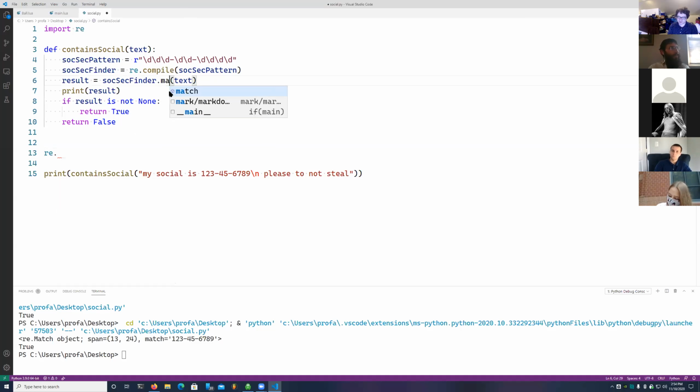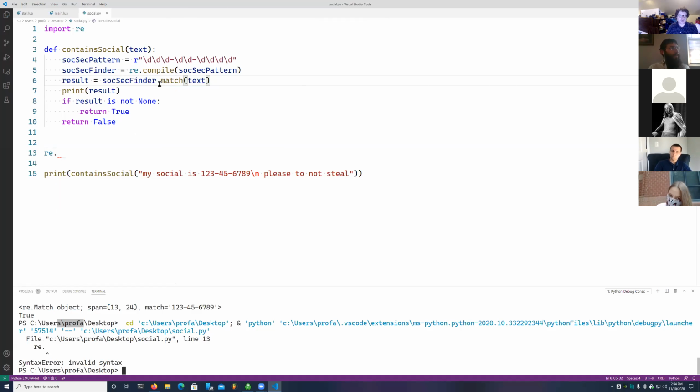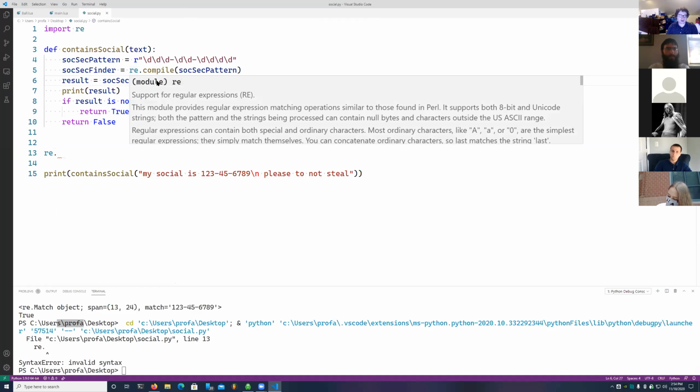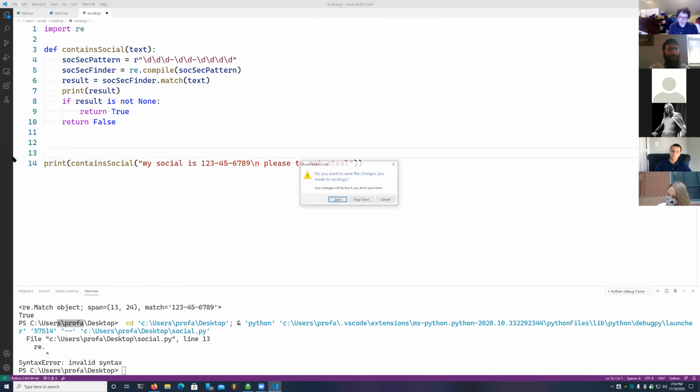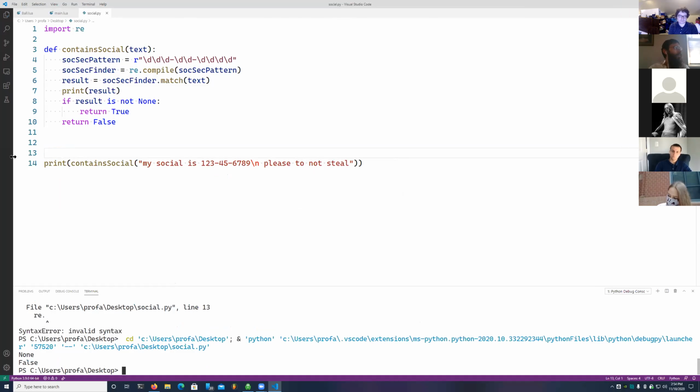So if I did match over here, you'll notice it says false. It does not contain it. Match says, hey, does the string start with this pattern? Rather than looking throughout the entire string, it just asks whether the string has it from the beginning.